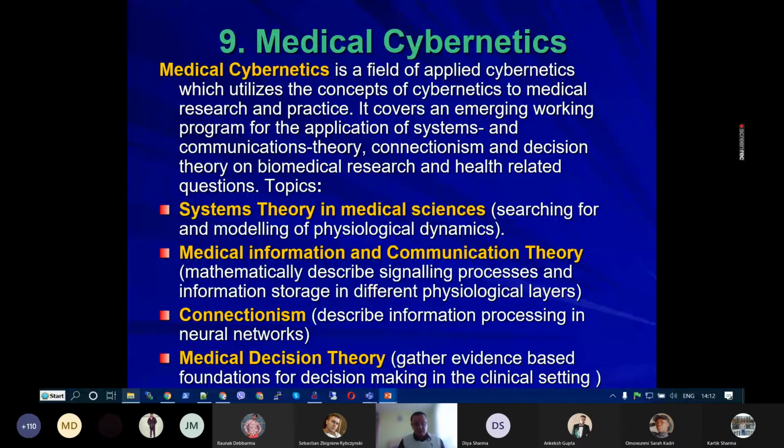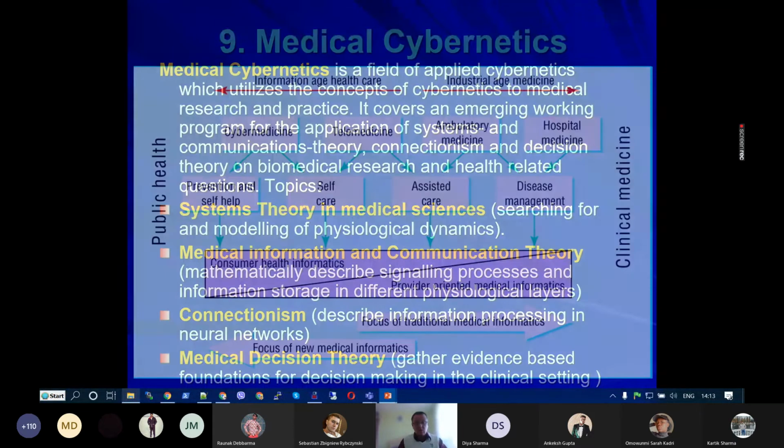And the major topics in medical cybernetics are systems theory in medical science, which is dedicated to searching for and modeling physiological dynamics, creating a model which will, with enough reliability, represent various elements, cells, tissues, bodies; medical information and communication theory, which describes signal processing and information storage at different physiological levels; connectionism, or the study of neural networks; and decision theory, which gathers an evidence-based foundation for decision-making in clinical settings, so how we can make a decision about diagnosis and so on.